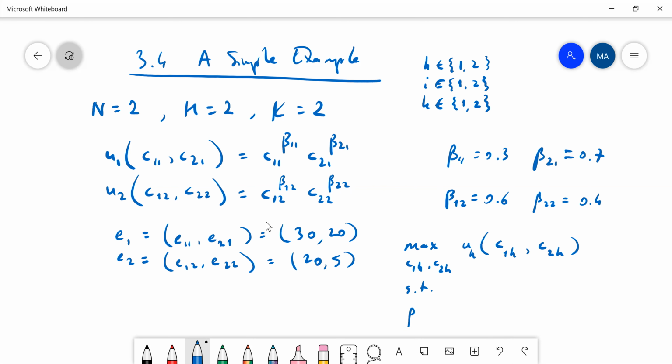So your budget constraint is P1 C1h plus P2 C2h equals omega 1 E1h plus omega 2 E2h.